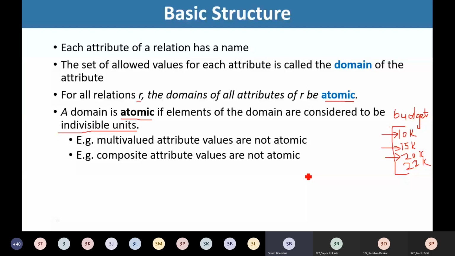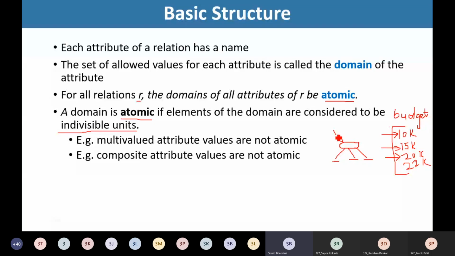If I consider a composite attribute, say name, which consists of first name, middle initial and last name, then this composite attribute name is not atomic.